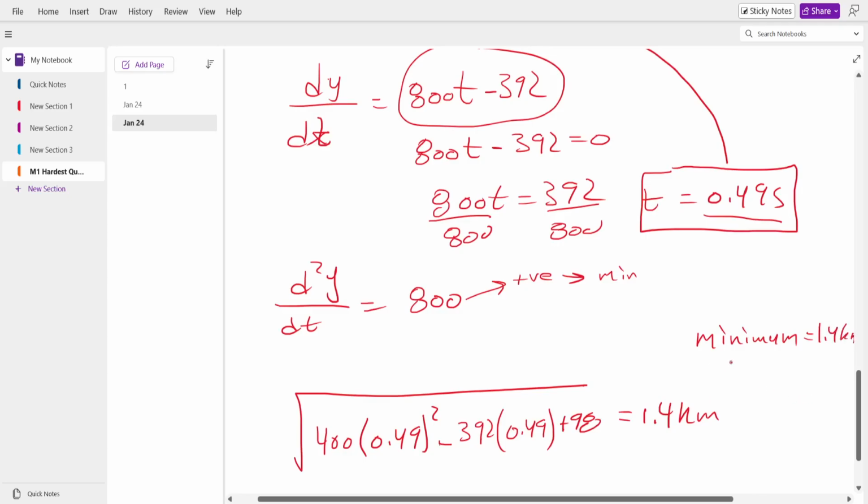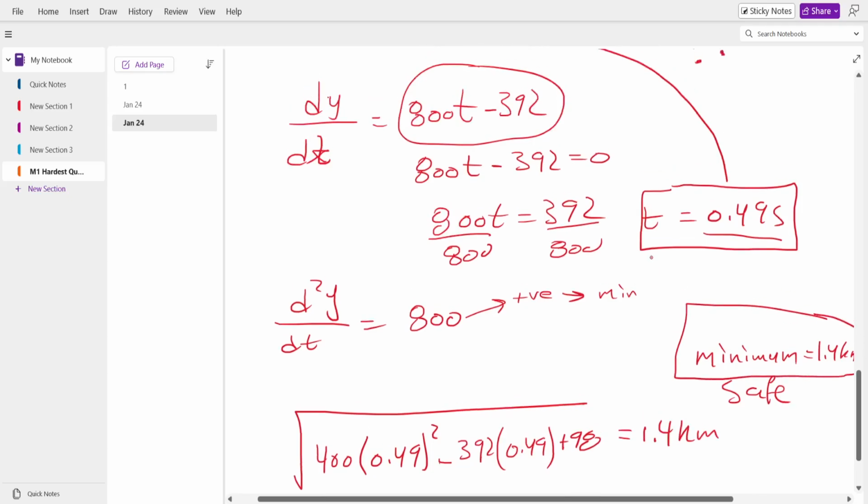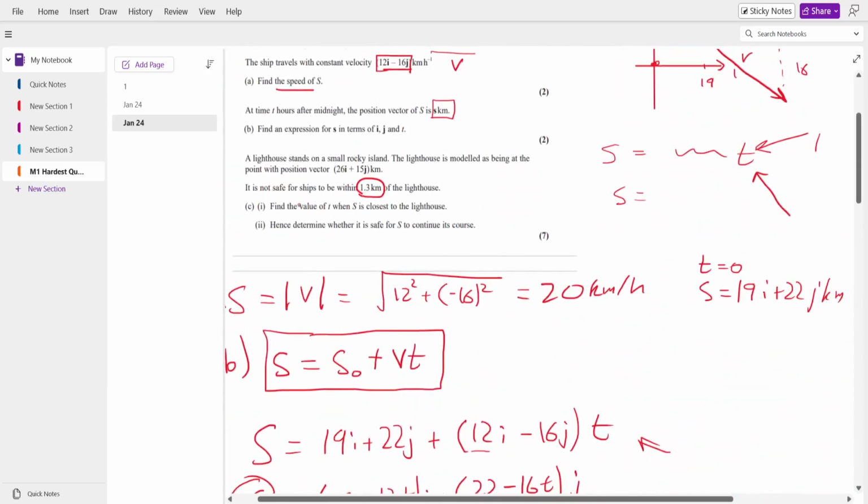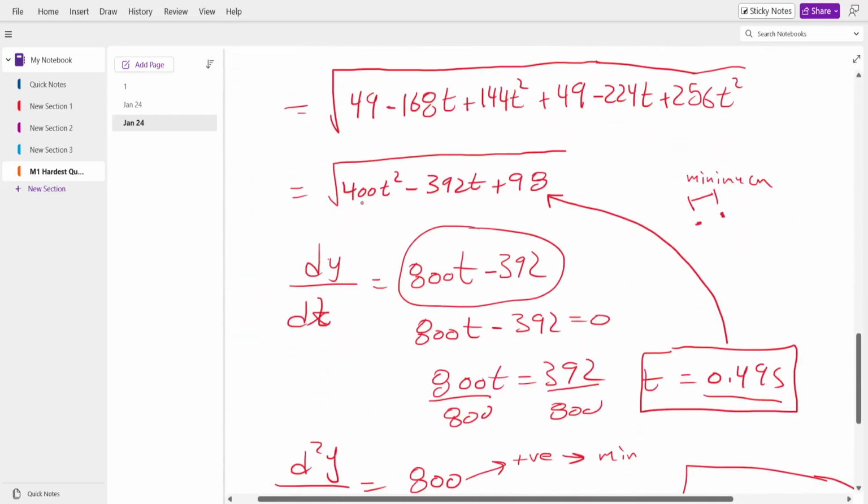So it will always be safe because it will never get closer than 1.4, and 1.4 is greater than the minimum distance required, which is 1.3. So it will always be safe for the ship to continue its course.